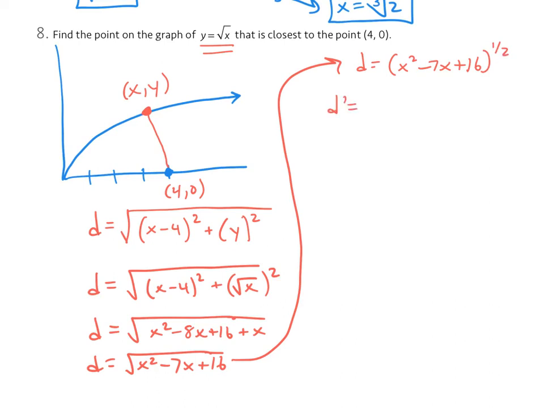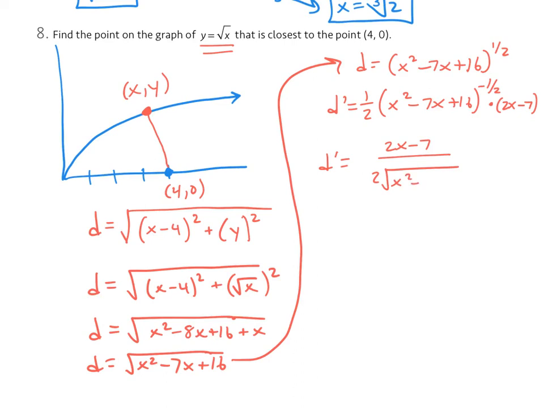And that'll help you remember how to take the derivative of this. 1/2 times x squared minus 7x plus 16 to the negative 1/2, and then you have to remember the chain rule, multiplied by the derivative of the inside, 2x minus 7. If I put that together, or simplify this, I'm going to end up with 2x minus 7 on the top, and on the bottom, 2 times the square root of x squared minus 7x plus 16.